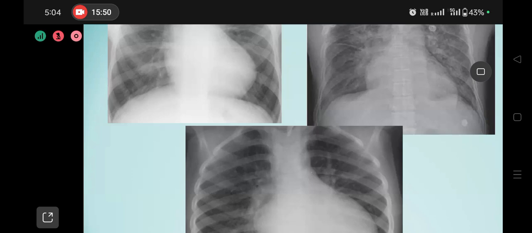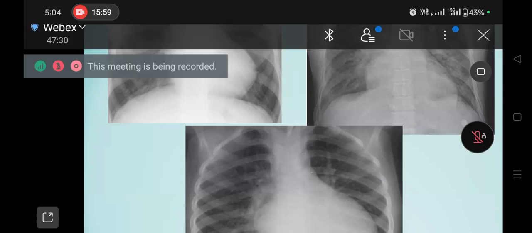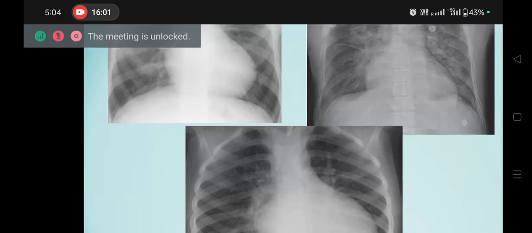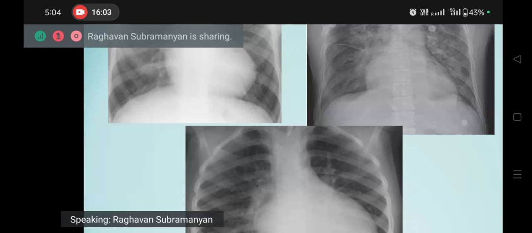In one, the apex of the heart dips downwards and outwards, and therefore the apex of the heart buries itself in the diaphragm. Therefore, the long axis of the heart displays downwards into the diaphragm. Okay, this is called a left ventricular configuration.